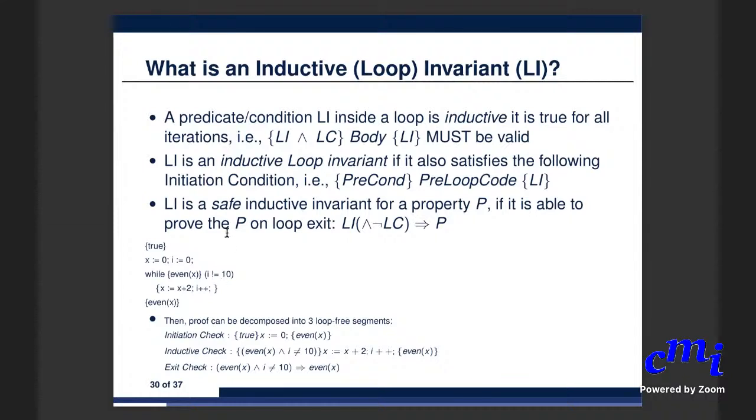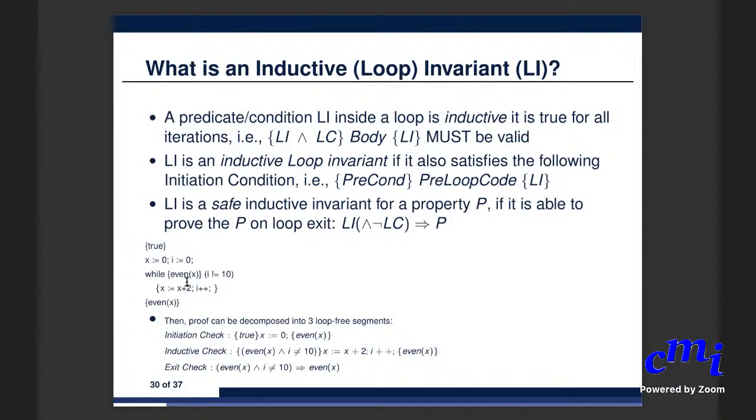Now, the third thing that is required in order to be able to use this loop invariant to prove properties upon exit of the loop is the third condition: an inductive invariant is also said to be safe for a particular property P that you want to prove upon exit of the loop, if it is able to prove P on exit of the loop.